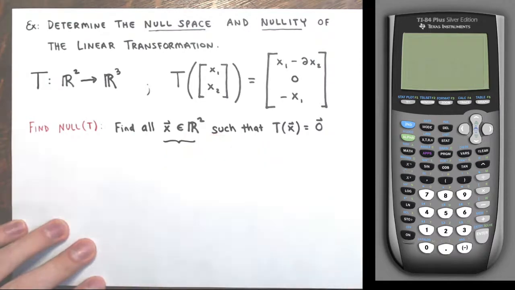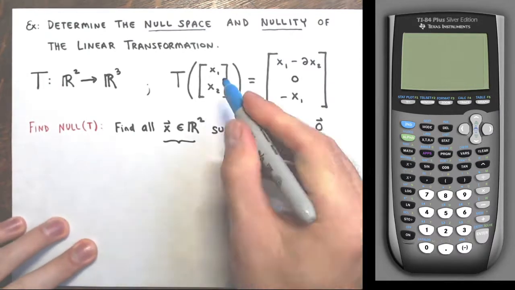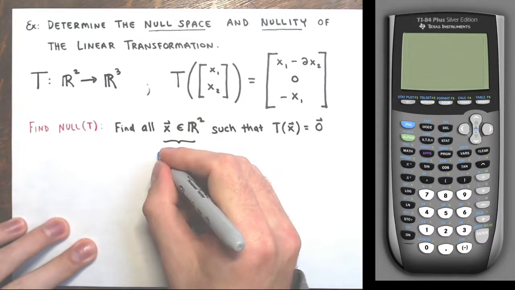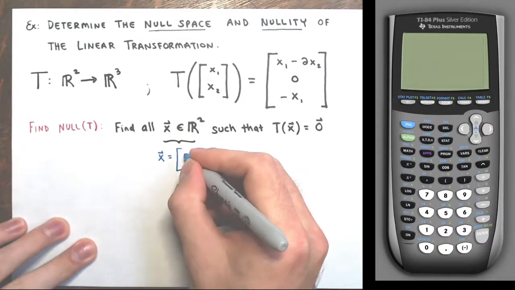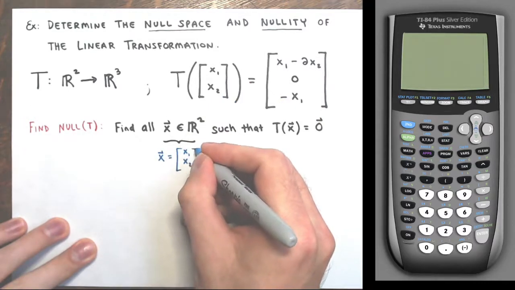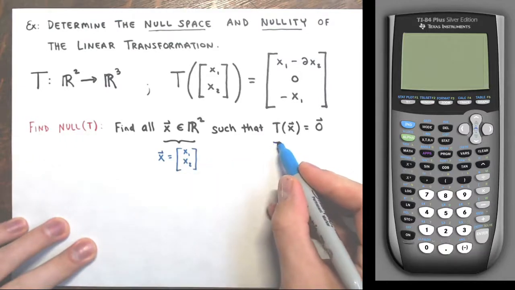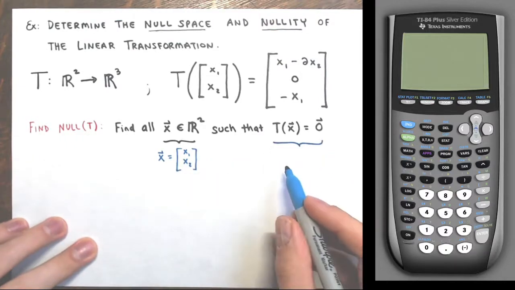What do these vectors look like? The vectors from R2 look like this, I'll just call them x1, x2. So x equals x1, x2, and we're going to be solving this equation.